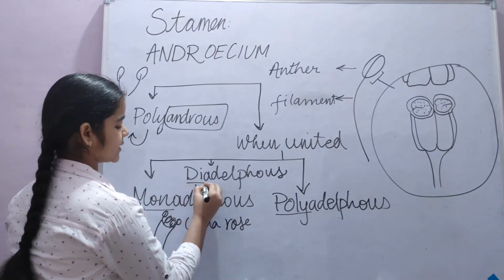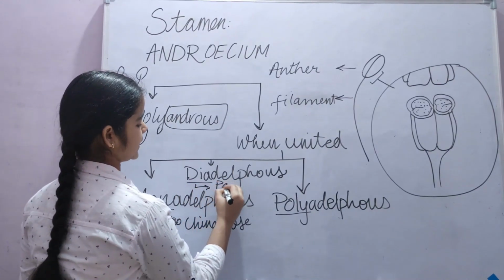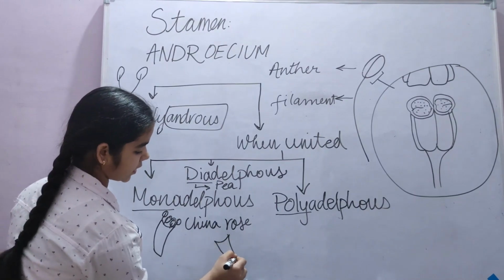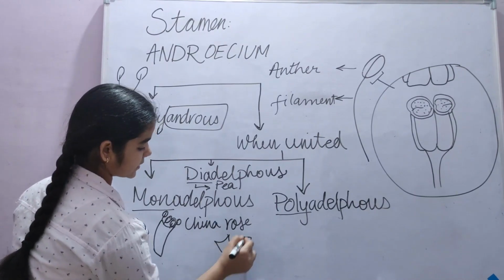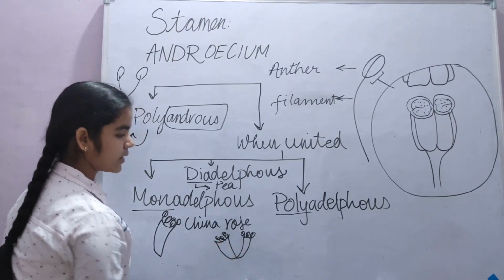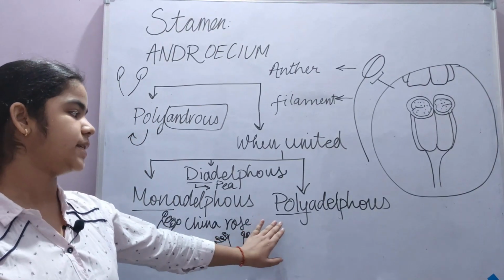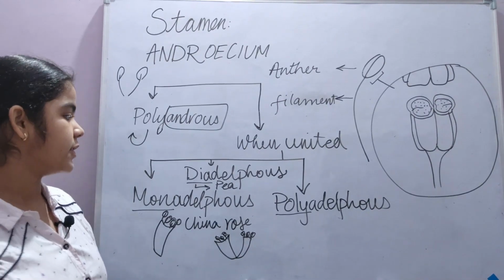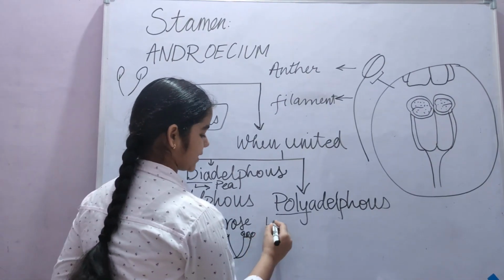Next is diadelphous. This condition is in peas when they are united in more than one group, maybe like this. Now when we talk about polyadelphous, it means several, united in several bundles, groups. This condition occurs in bombax.